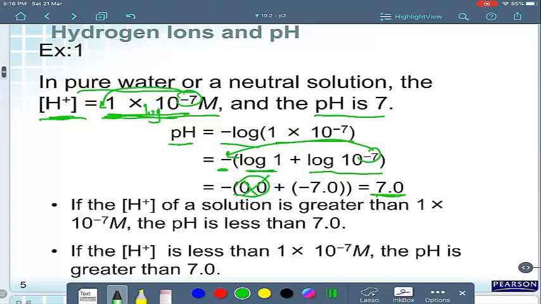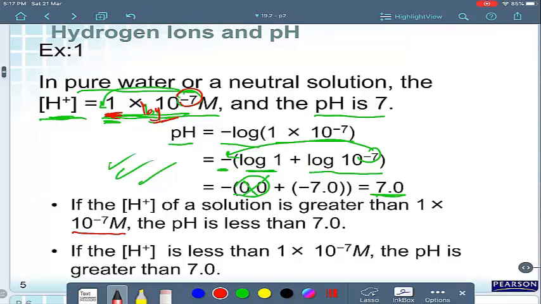It's easy to calculate. You don't need to do all of these steps, because it's easy only in the case where the coefficient is 1. If the concentration is 1 times 10 to the power of negative 7, then negative of negative 7 is positive 7, because the logarithm of 10 every time is 1. So the answer is 7.